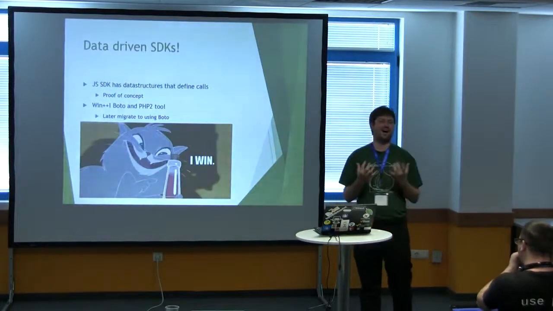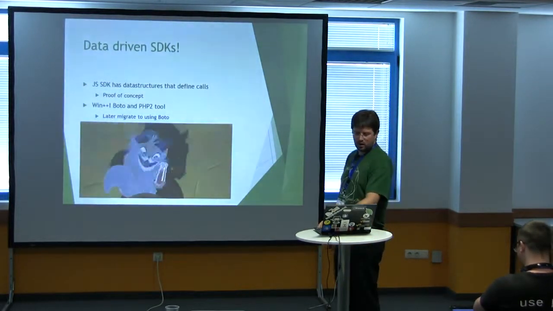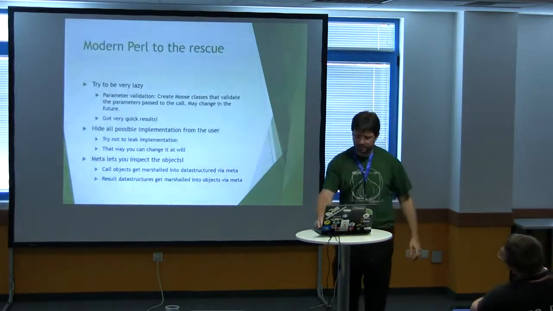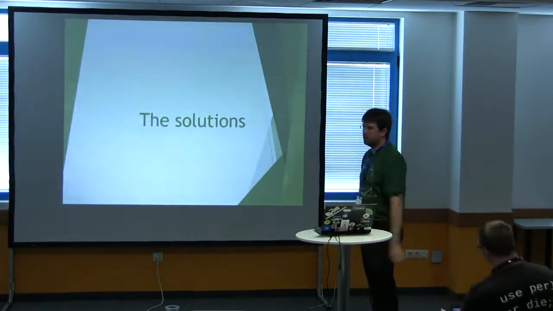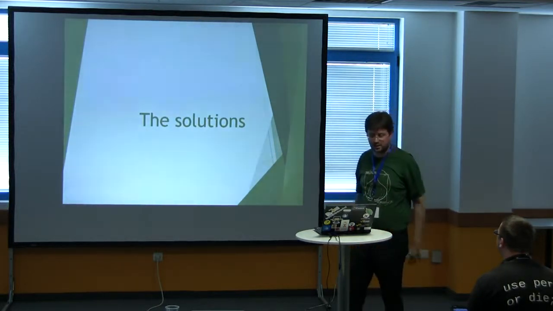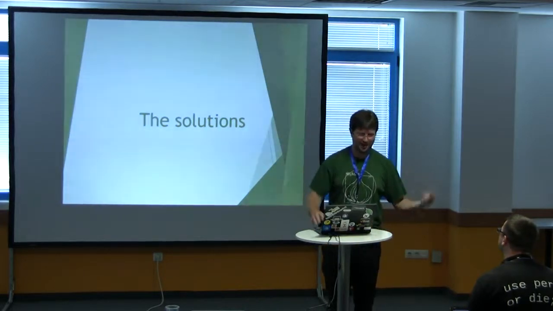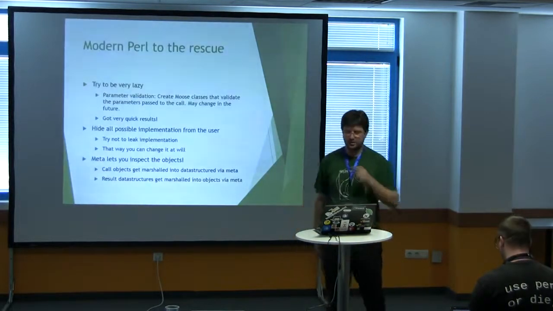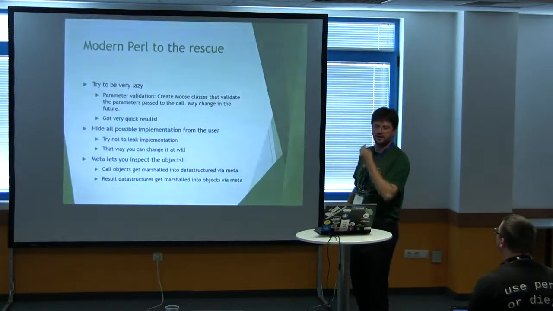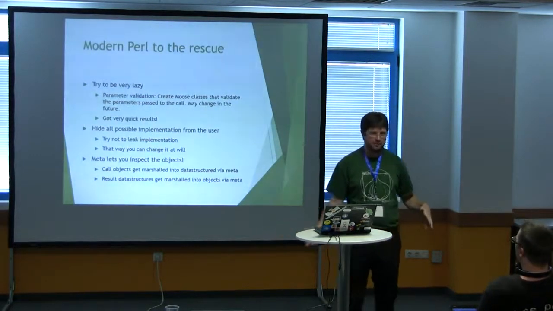So this is the moment. So basically, let's have Perl write the classes for us, and try to do this in a maintainable way. The thing is that I'm trying to be very, very, very lazy.